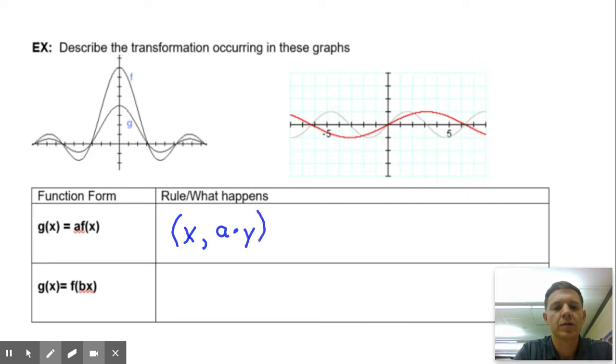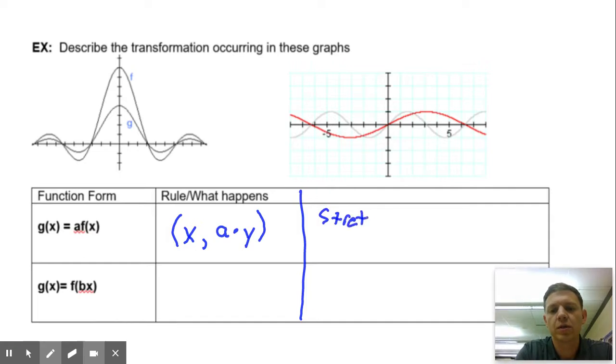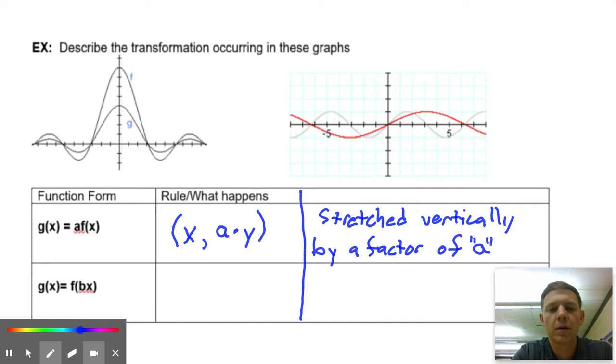So the graph is stretched vertically by a factor of a. All that has to change is the y, and we're just multiplying the y by a for all the coordinates.